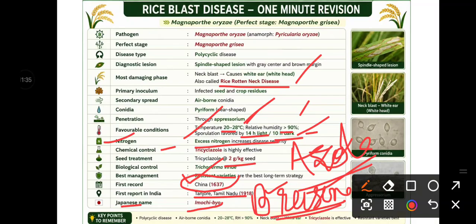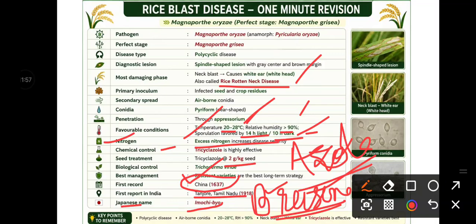These are very important points. Rice blast disease was first reported in China in 1637. Other names are Imochibyo, Bruschone, then rice rotten neck. In China it is also known as rice yellow fever. Remember this, okay?